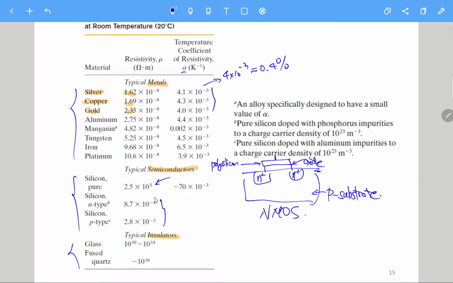So this is why, even though the resistivity of the N-type silicon is much larger than the conductor, we will use the semiconductor to design our circuits, our chips.